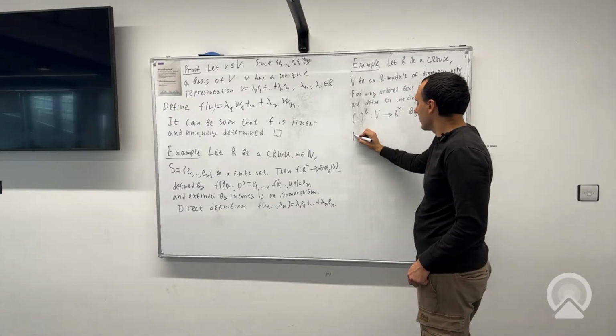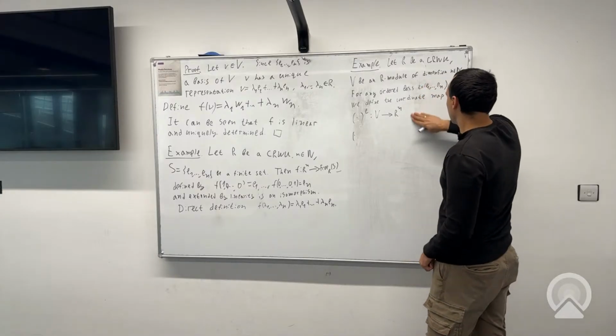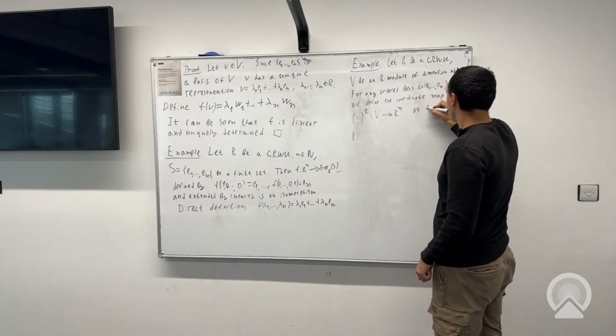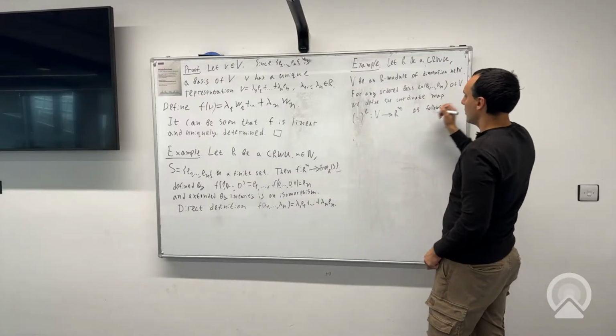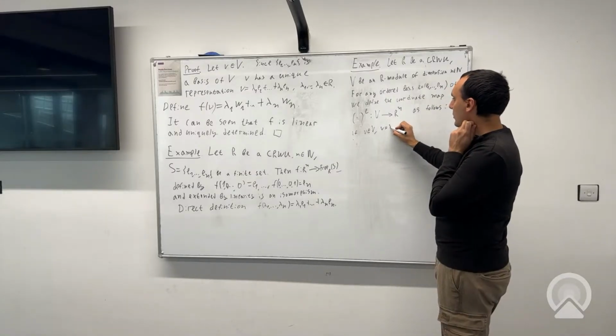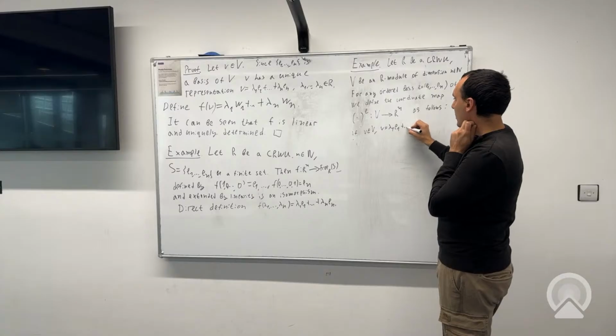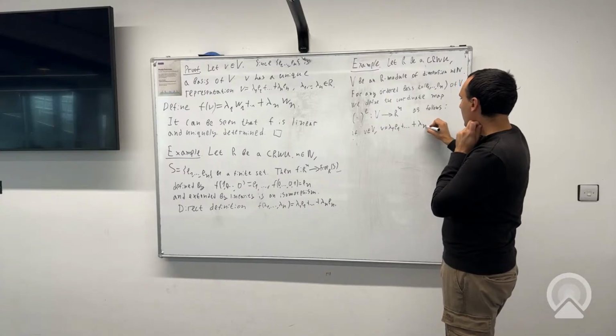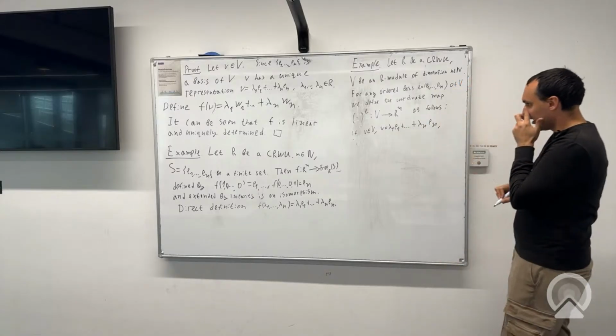We take a vector V equals lambda 1 E1 plus lambda n En.